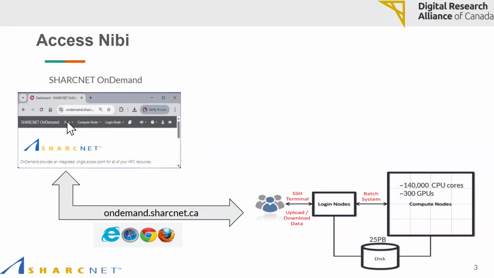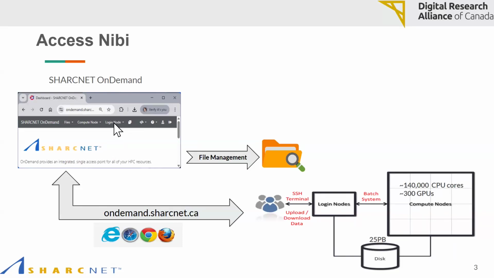you will see such a dashboard. With this File tab, it allows you to access the files and folders in your home directory on the Nibi cluster. So you can upload, download, edit, create, or delete files in your account on Nibi. That means you can just use a web browser to access and manage your files on the Nibi cluster.